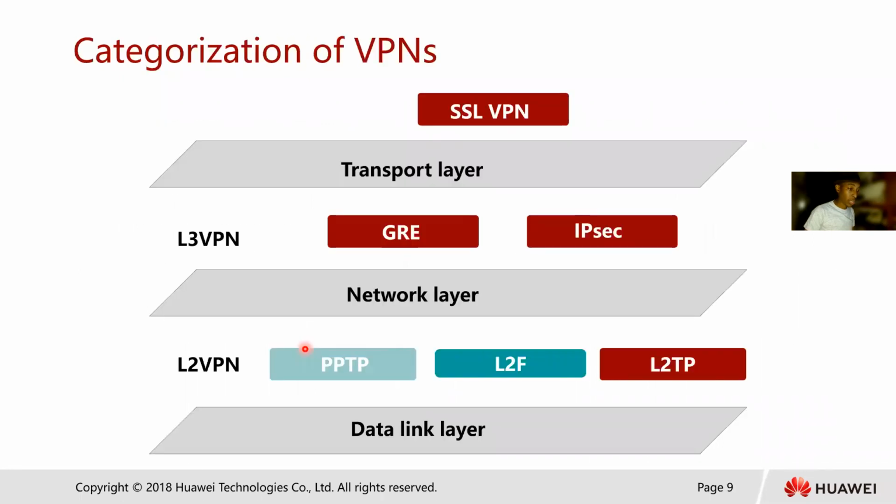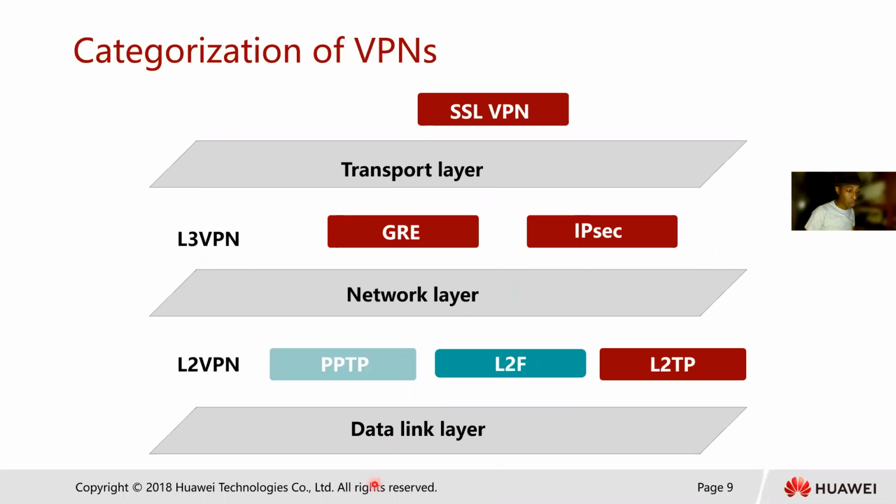So how do we categorize? We have SSL VPN that works within the transport layer. We also have layer 3 VPNs, within the network layer, the GRE and the IPsec VPNs.